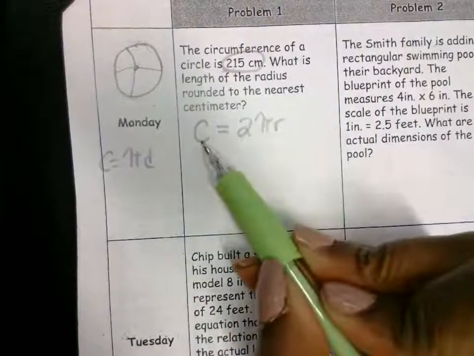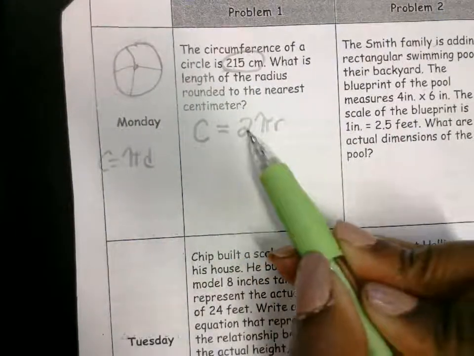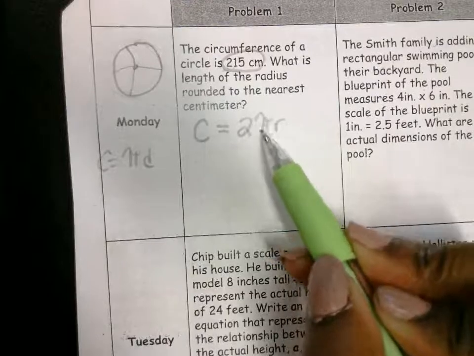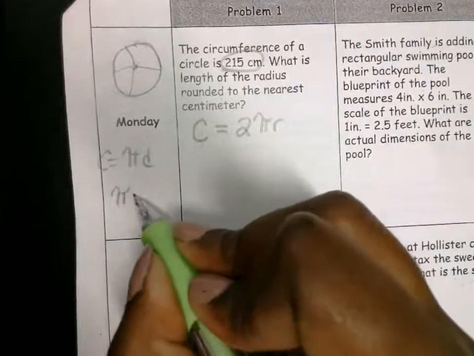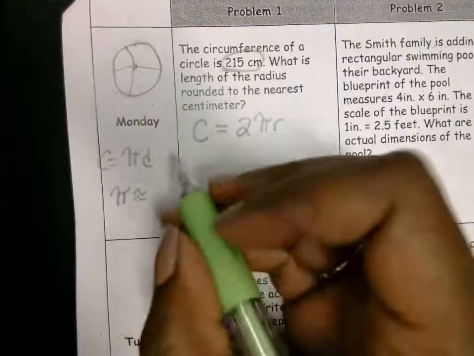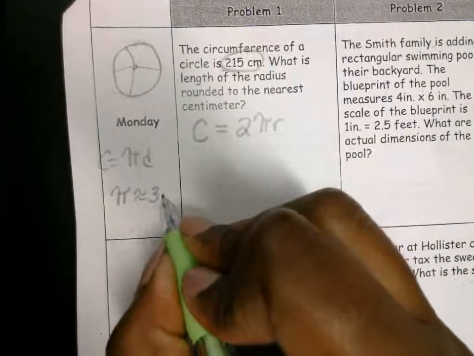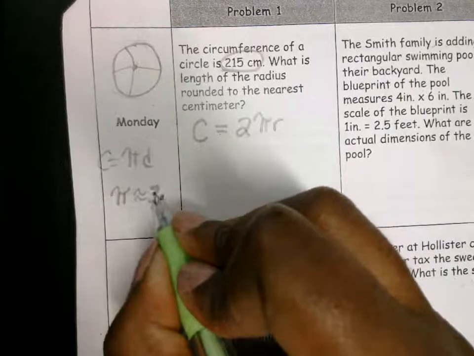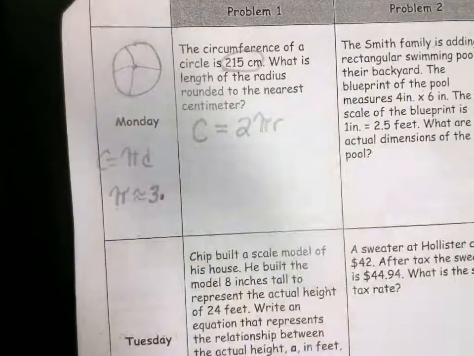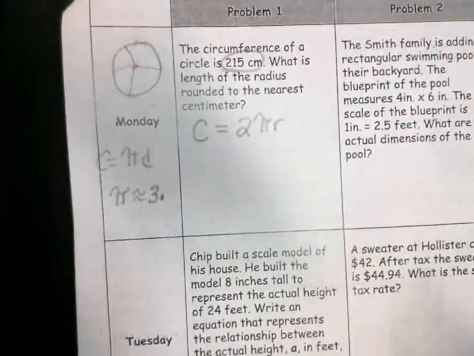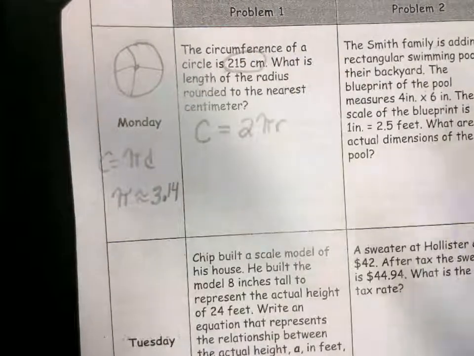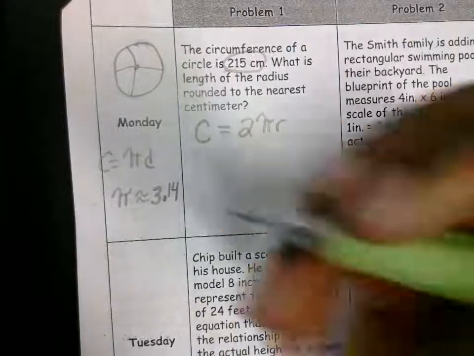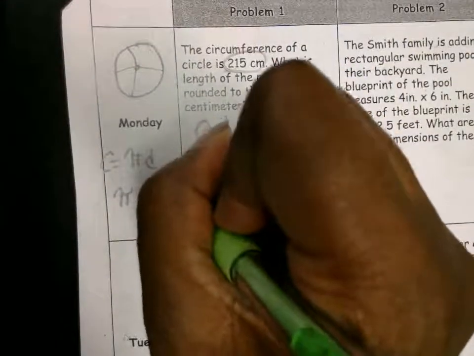C, circumference, equals the number 2 pi. Remember, what is pi about? Because we know we can't get exactly the number. It's about 3 point what? Does anybody remember the number that we use for pi? 3.14. Very good. It's an irrational number because it continues without a pattern, okay?